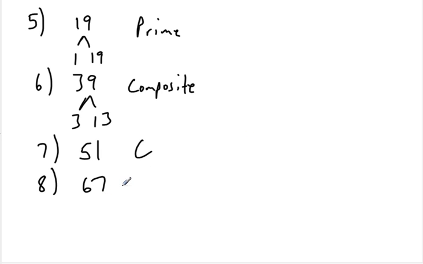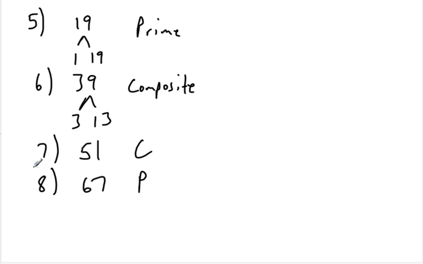Nope, not 13. 17. Yeah, I don't think 17. 34, no. 19, no. 23. No. So I'm going to say this is prime. I haven't checked every number, but I went pretty high. I went up to 23, so I'm pretty confident.